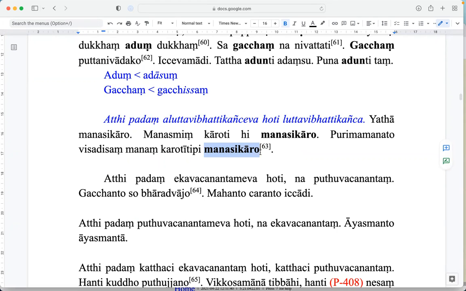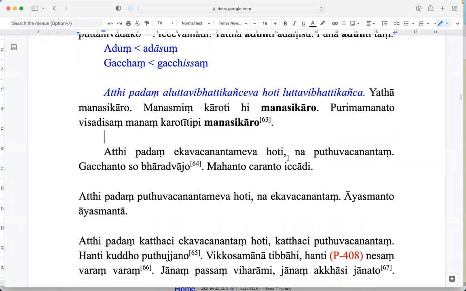So as Mr. Ryan said, it is based on context interpretation. It is only in the Visuddhimagga, no other places make this type of explanation, right? Okay, now you got the point.